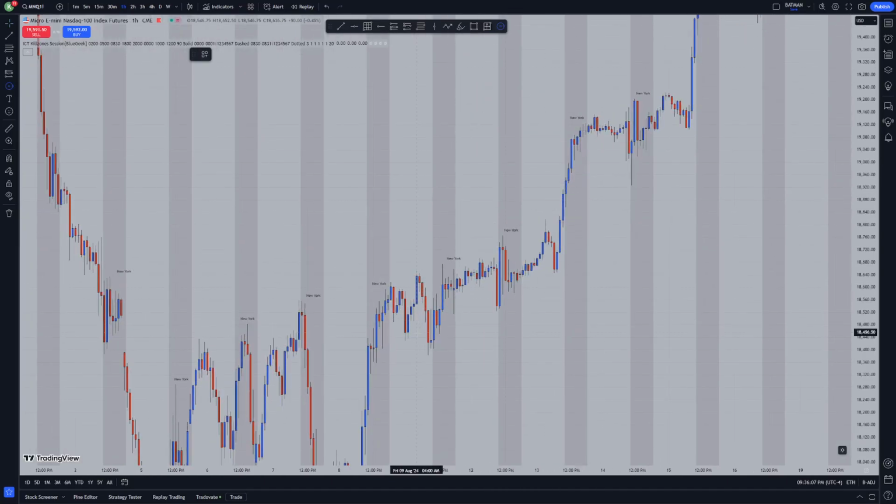we got, this looks like a consolidation, but we got a lower high, no, it's a higher low, higher high, higher low, higher high, higher low.